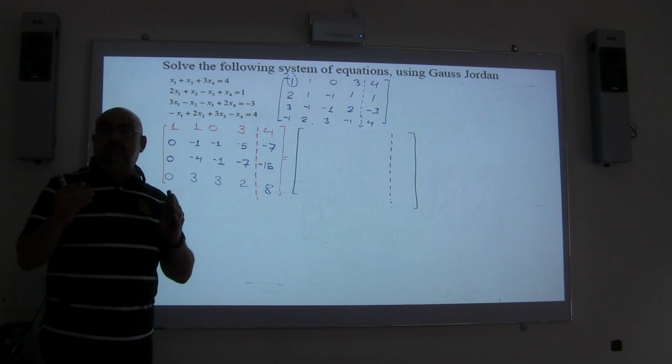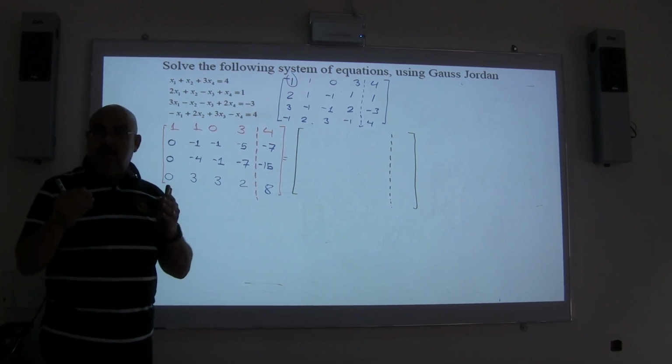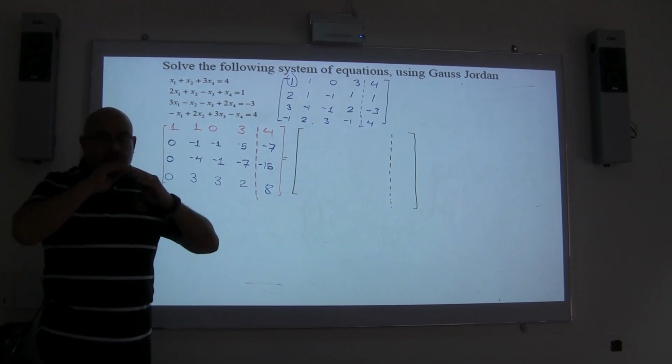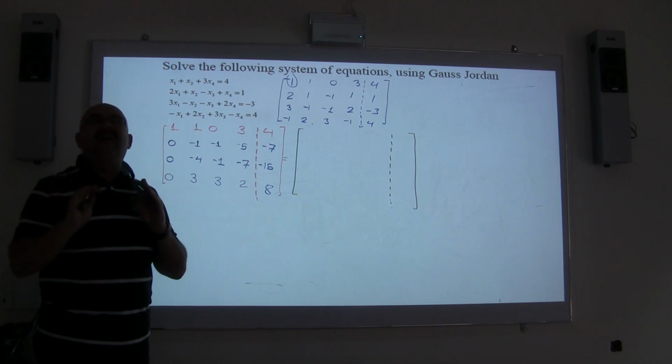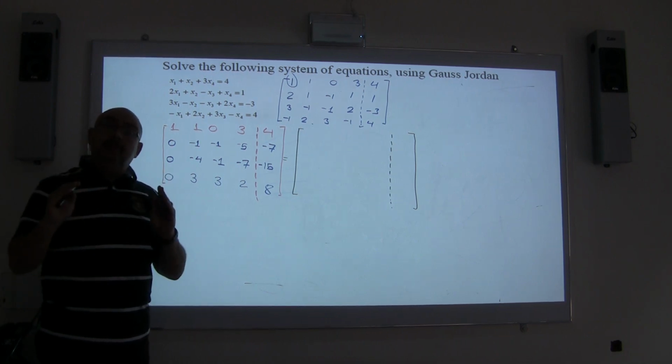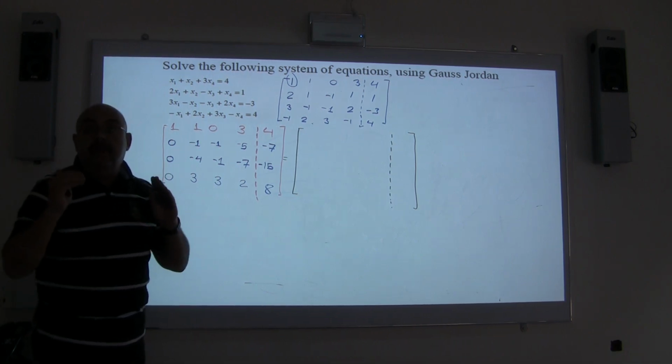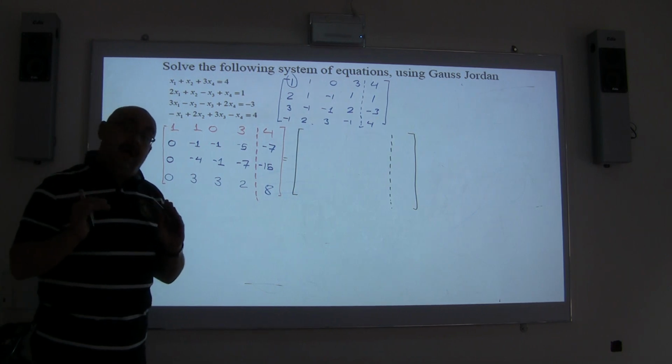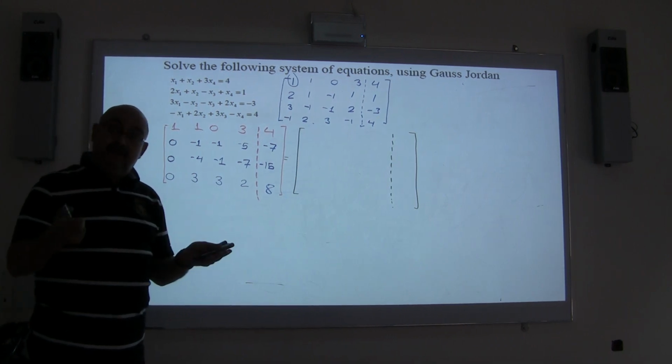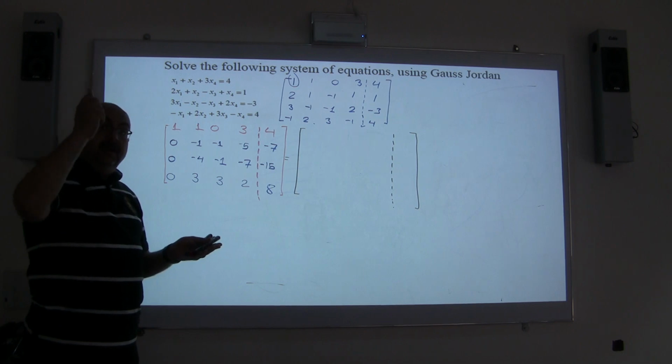I'm not allowed to add a number. We have to do something for the whole row. You are allowed to add a row, but not a number. But you can multiply by a number.